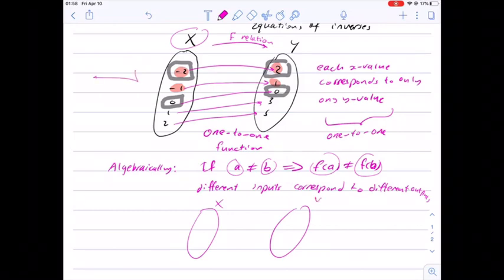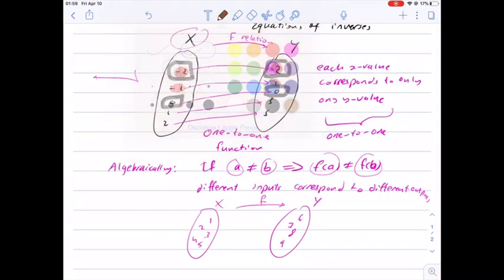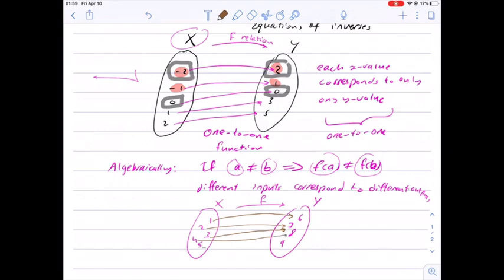this is one of the examples, the previous one, and look at the following function f. We have 1, 2, 3, 4, 5, some values in x, and 6, 7, 8, 9, some values in y. 1 is related to 6, 2 corresponds to 7, 3 corresponds to 7 as well, 4 to 8, and 5 corresponds to 9.